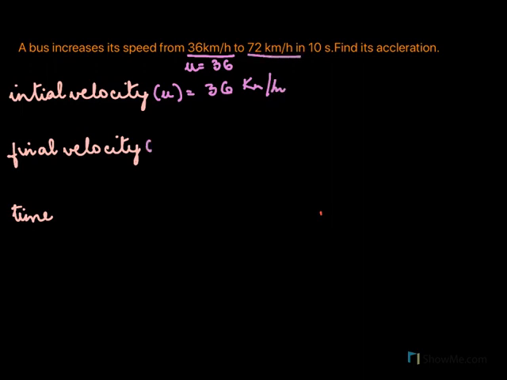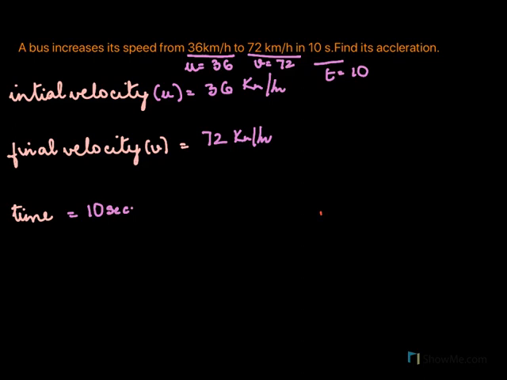The final velocity is 72, which is our v, 72 km per hour. And here they said in 10 seconds, so time equal to 10 seconds.